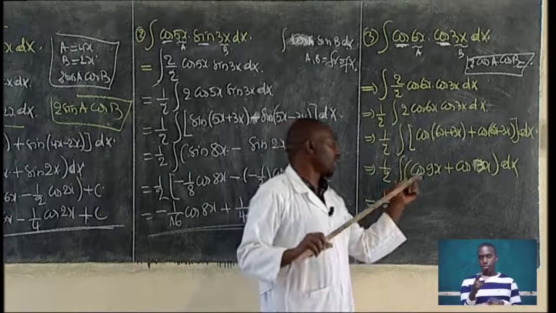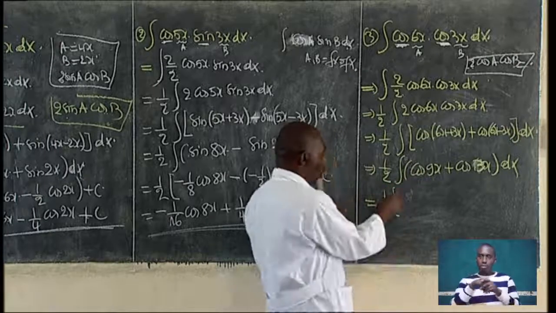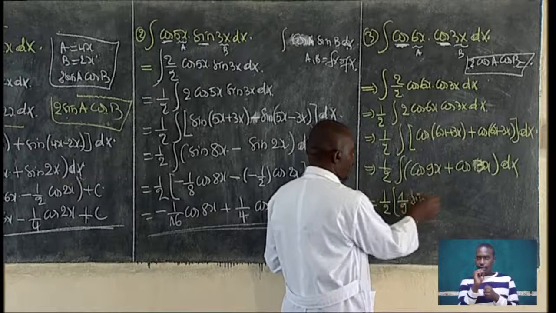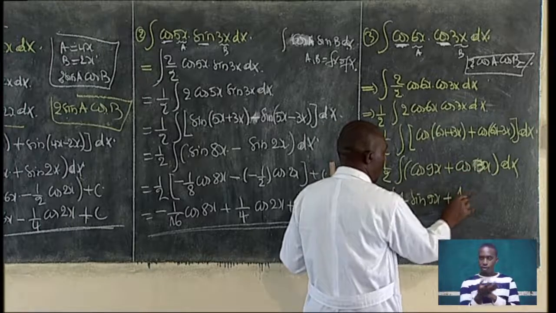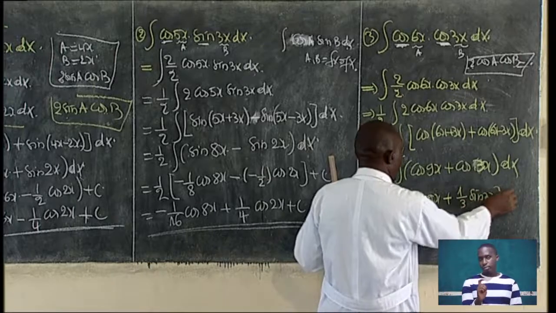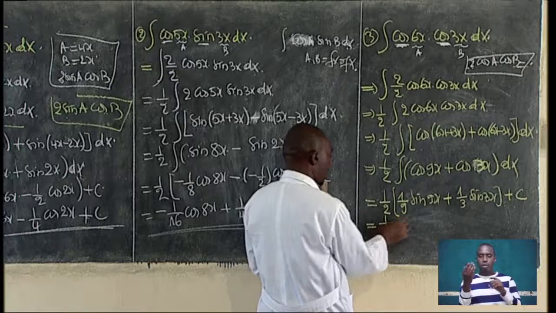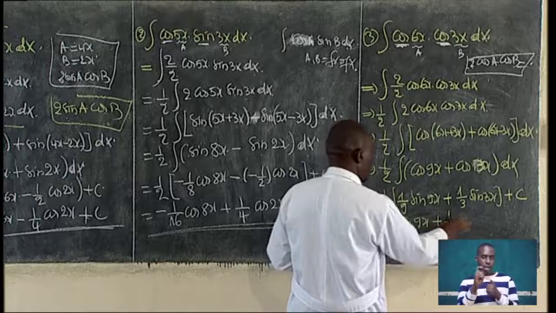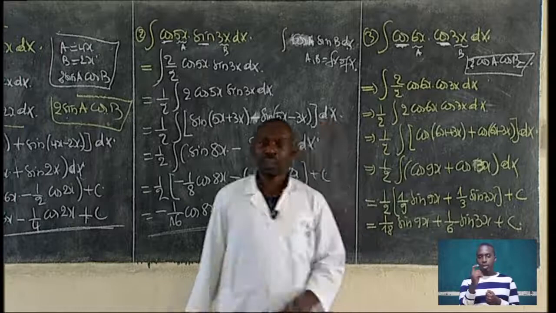The function is in cosine, so the integral will be 1 over 9 sine of 9x plus 1 divided by 3 sine of 3x plus c, and I get 1 over 18 sine of 9x plus 1 over 6 sine of 3x plus c. I hope it is clear.